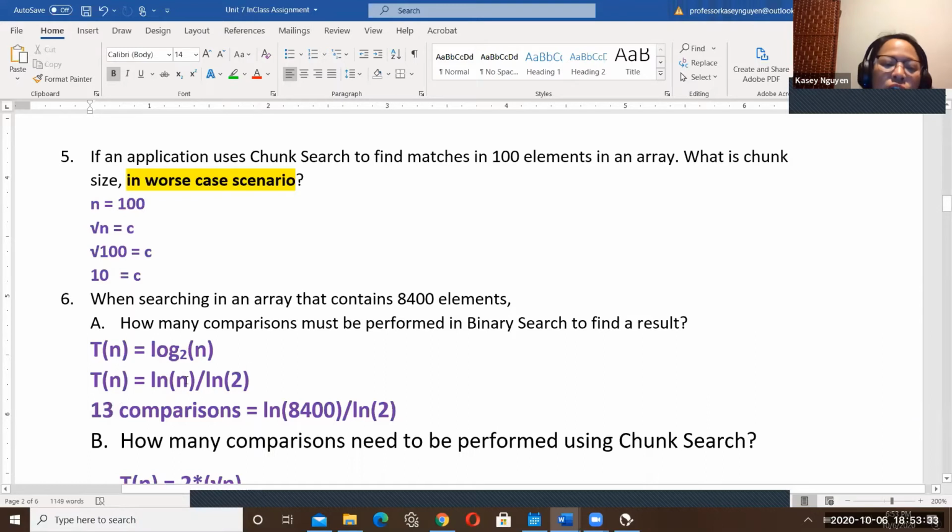Make sure you know how to calculate. You're going to see a similar question like this on quiz and test. It will give you the number of elements and ask how many comparisons for this type of search, and you have to be able to determine the result. So this one is for binary.